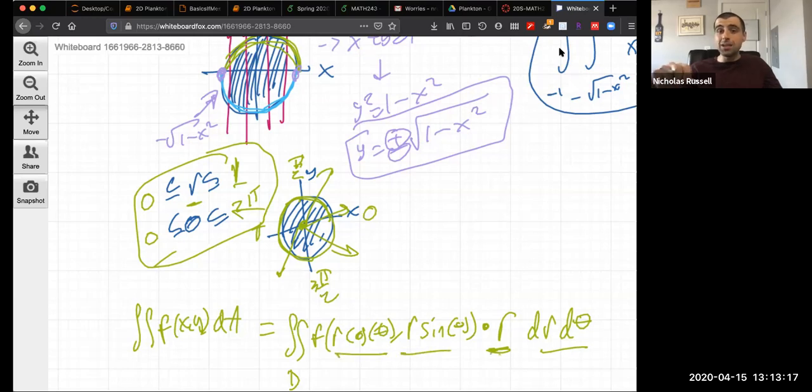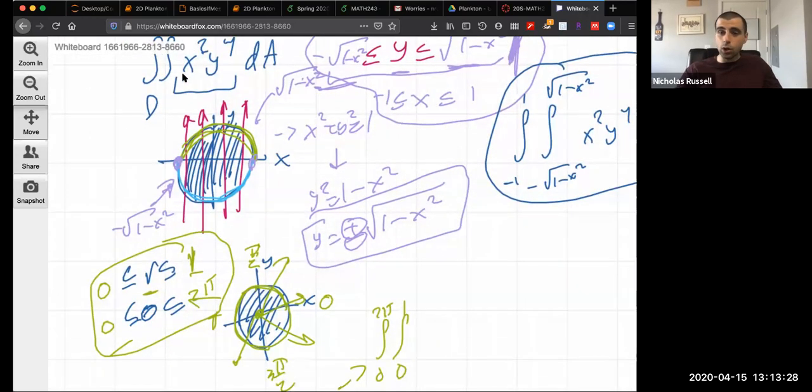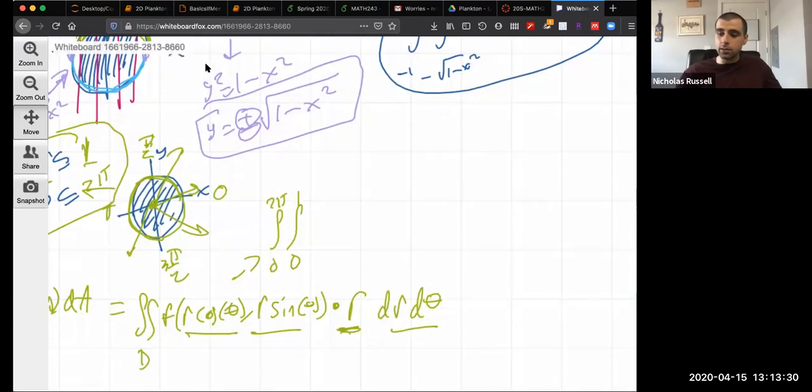Now, you might say to yourself, well, in this problem we could actually do this pretty quickly, because I would just go from 0 to 1 and 0 to 2 pi. In this function up here, I would just replace x with r cosine theta and y with r sine theta, times r sine of theta to the 4th, dr d theta.